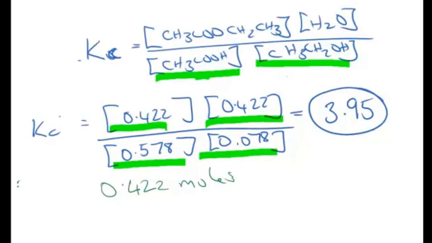Now that's 0.422 moles. Now we've got to find out what was the most we could get. Now this is 1 mole of ethanoic acid to 1 mole, so it's 1 mole to 1 mole, that gives 1 mole of ester.